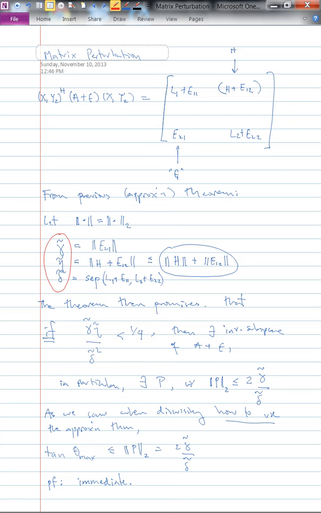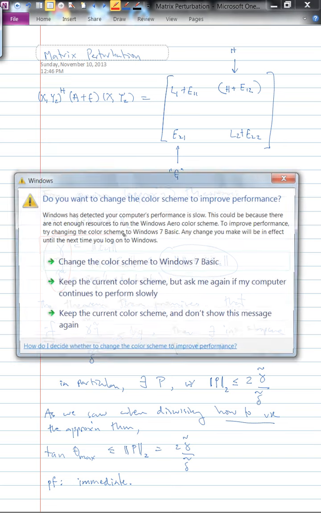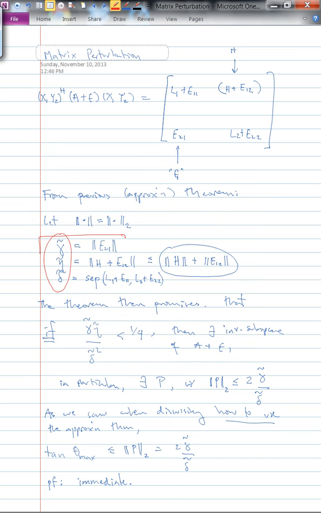So of these three quantities, what satisfies that? Gamma is equal to gamma tilde is equal to just the norm of E21. So that's good. Eta tilde, we defined in terms of the norm of H plus the norm of E21. So that's good.